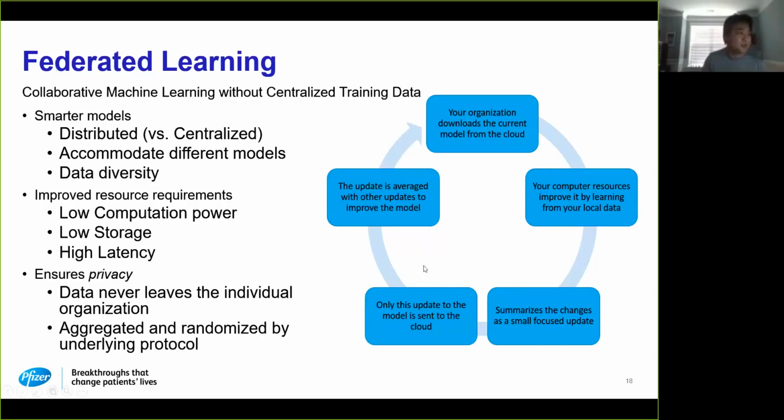And most importantly, I think in our industry, is privacy. Your data never leaves the individual organization, but only the models get aggregated and randomized by the underlying protocol. So your organization will download the current model from the cloud or one source. Your computer resources will improve it by learning from the local data, summarize the changes in a small update, and push it back to the cloud, and the update gets averaged with other updates to improve the model. So this is what we call federated learning.